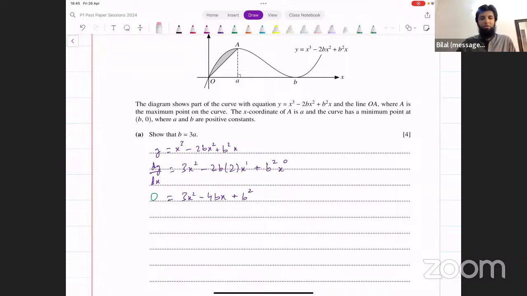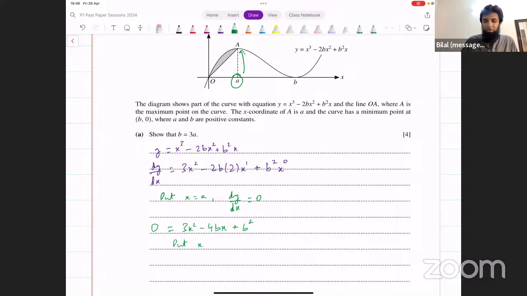Now we know one of the turning points of the function is when x equals a. So since you're looking for the turning point, let me write this here. Let's input x equals a and dy over dx equal to 0. Because when x equals a, you can say the derivative is 0. It's the turning point.